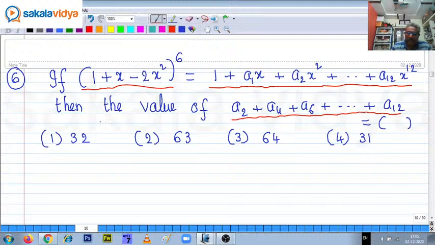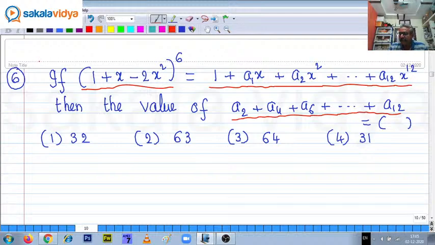In general, if you want to find the sum of the coefficients of any polynomial or multinomial expansion, generally we put x is equal to 1. So first let us substitute x is equal to 1. Put even x is equal to minus 1, and just check whether you get it or not. Otherwise sometimes we may substitute x is equal to i, even x is equal to minus i, also.